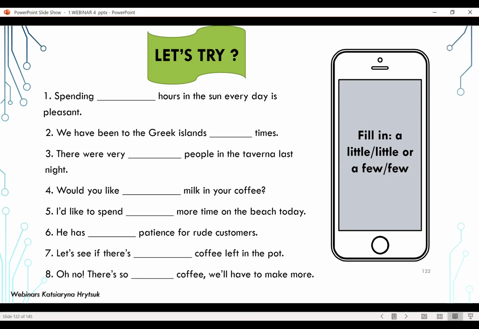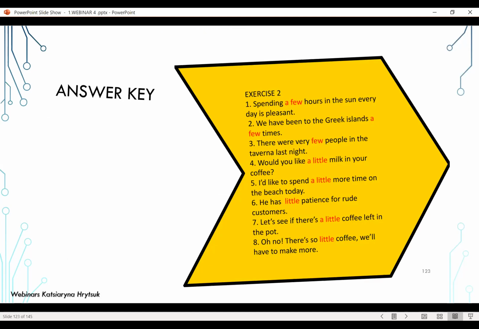Oh no, there is so little coffee. We will have to make more. You see, it's a difference, positive meaning and negative meaning. Good. And here are the answers.